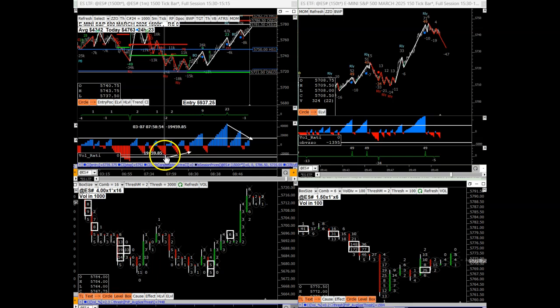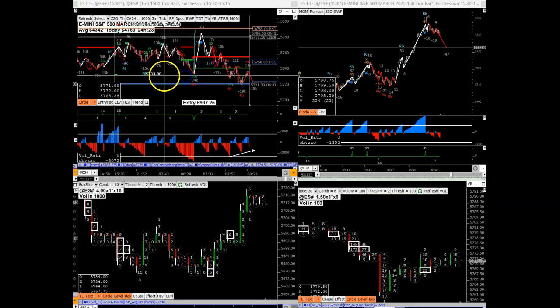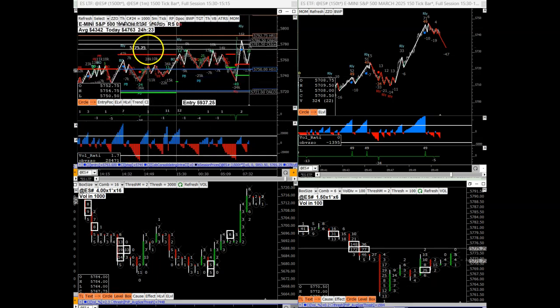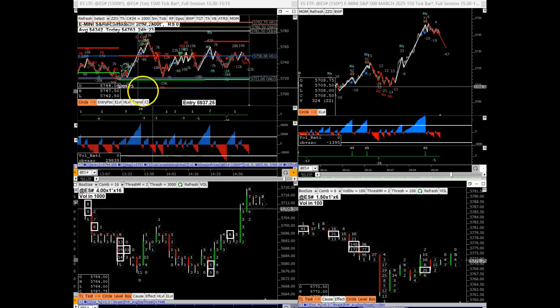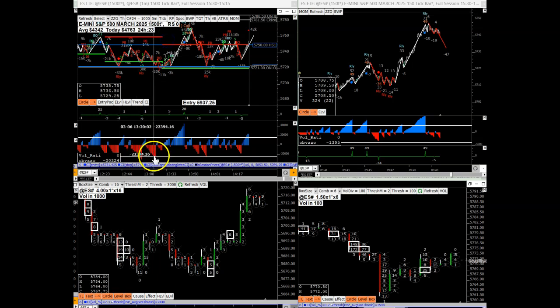This supply is decreasing, and big blue comes in and changes trend. This is a little difficult to see, but it's there. 1, 2, 3 waves.